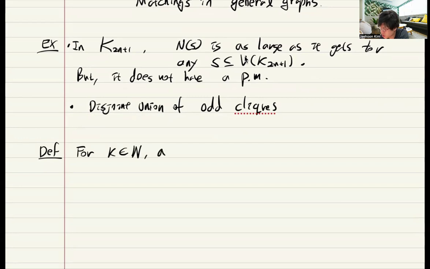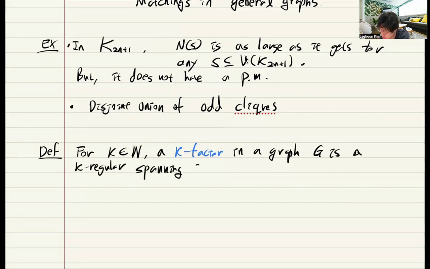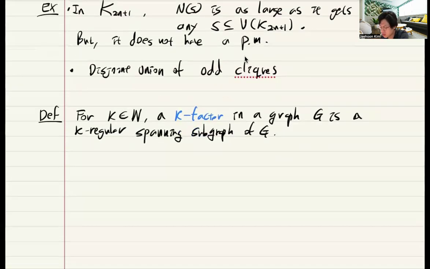Let's say we have a certain number k, and we say a k-factor in a graph G is a k-regular spanning subgraph of G. A perfect matching is a spanning subgraph, a disjoint union of edges, which meets every vertex, which means it is a 1-regular spanning subgraph. So this is a more general concept than perfect matching.